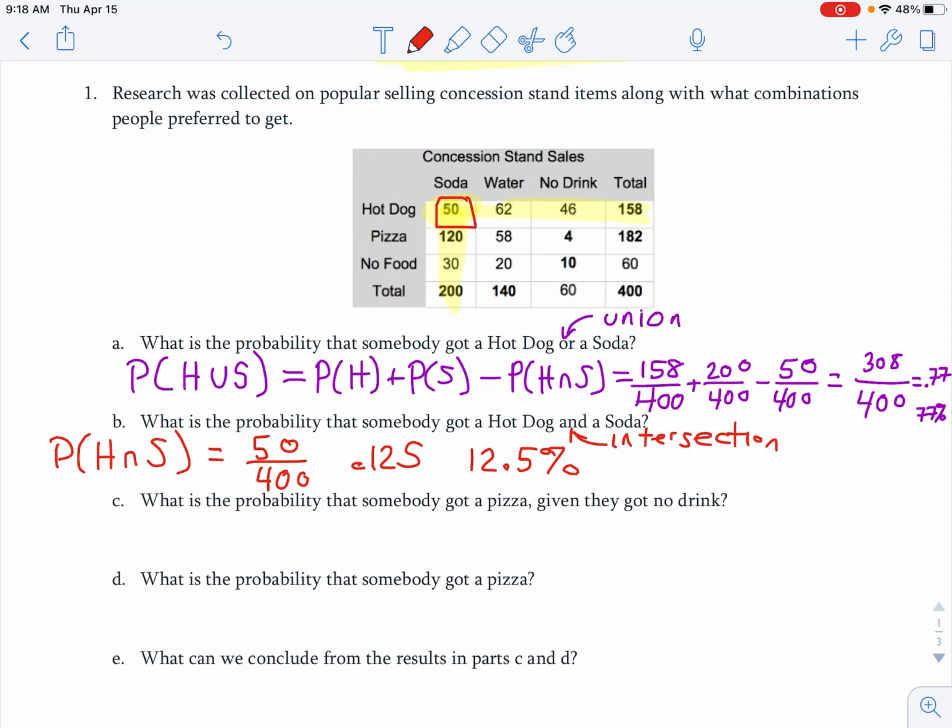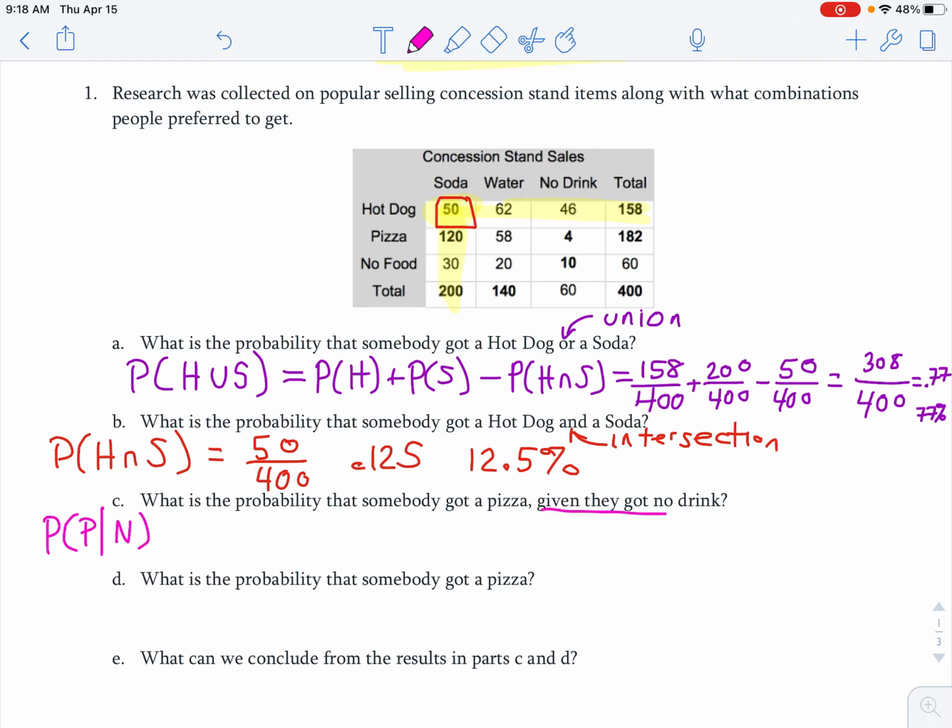Now let's keep going right along. We can look at some notation. What's the probability that someone got a pizza given they got no drink? We can be super complicated and use the formula for conditional probability, or we can use common sense and interpret the table.